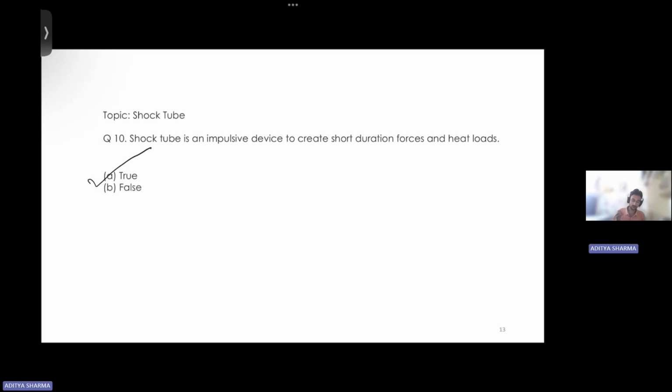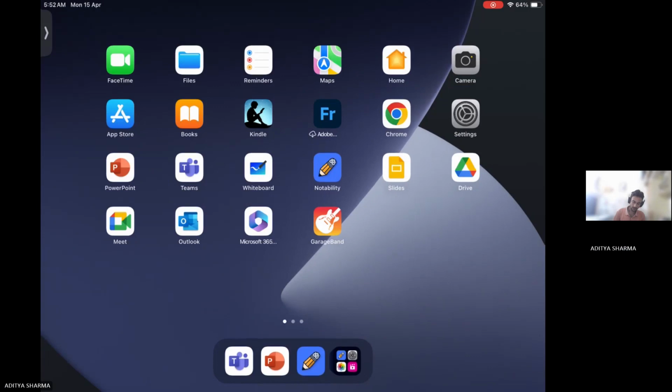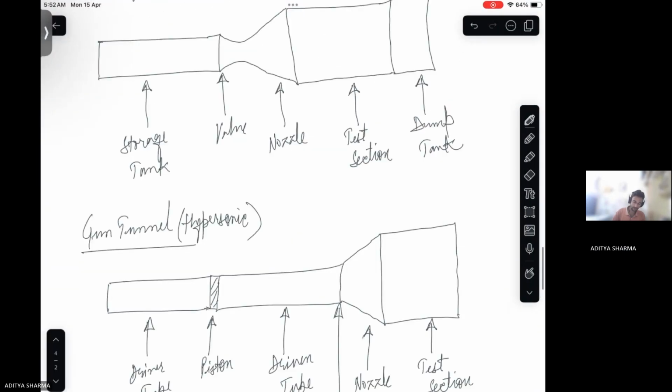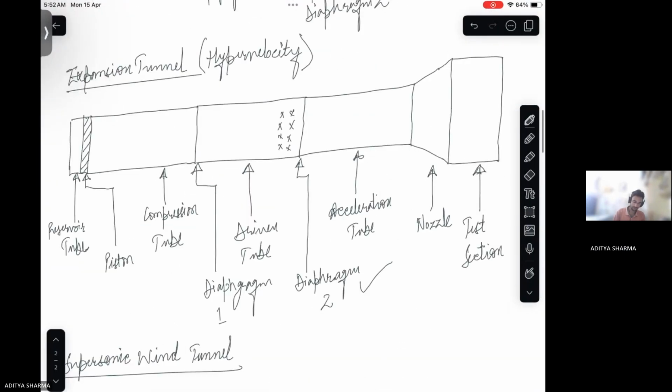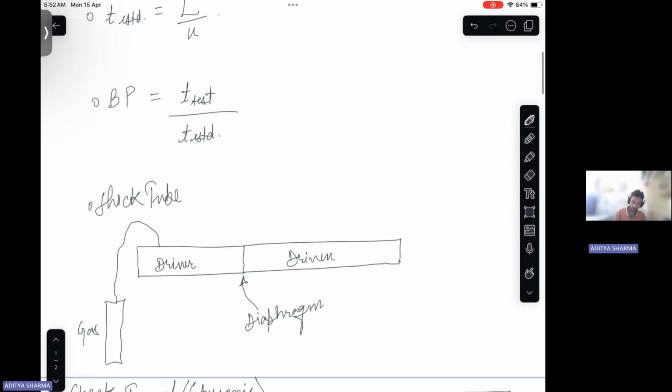So this is also impulsive in nature, right? And of very short duration. Aerodynamic models are mounted like this here, right?